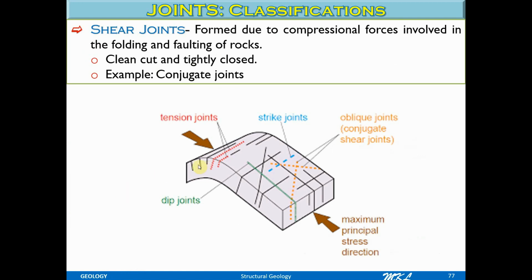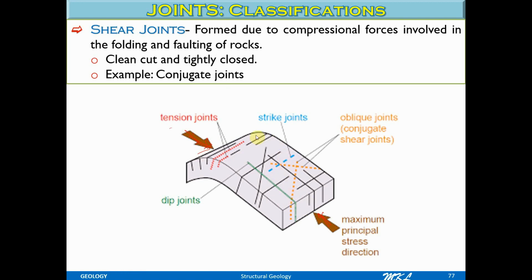What is a shear joint? It is formed due to compressional forces. Generally if you are giving lateral tension, then you get the tensional joint. If you are giving this type of lateral pressure, then you will have a shear joint due to the compressional forces.